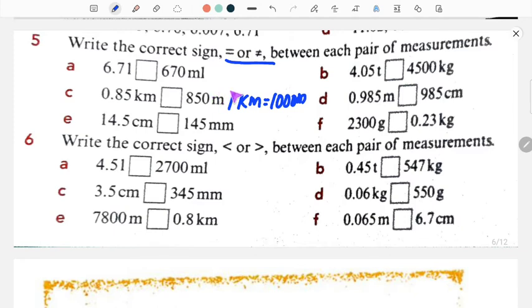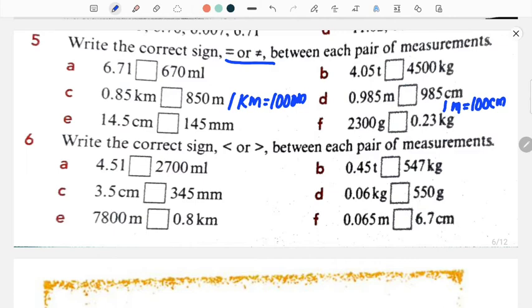So change meter to kilometer. Here 0.985 meter and 985 centimeter. Change centimeter to meter. 1 meter is equal to 100 centimeter. So to change centimeter to meter, divide by 100. Here to change meter to kilometer, divide by 1000.